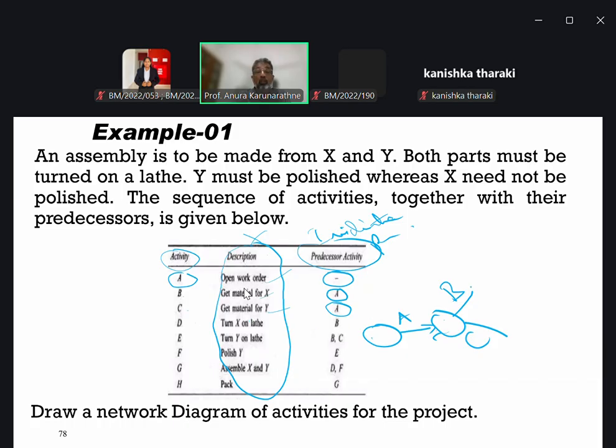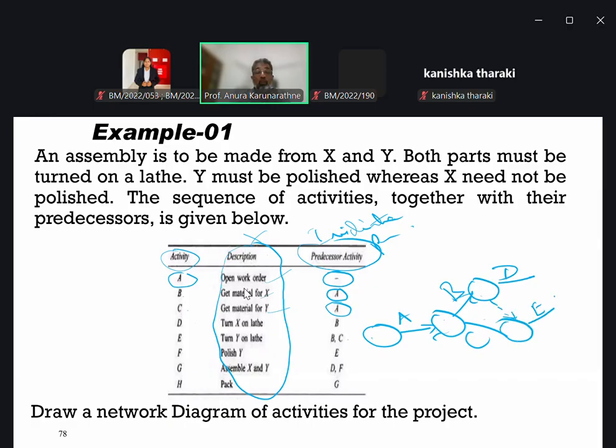Then D, you can start after B. Then E, we can start after completing both B and C.